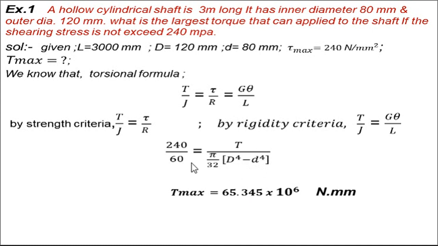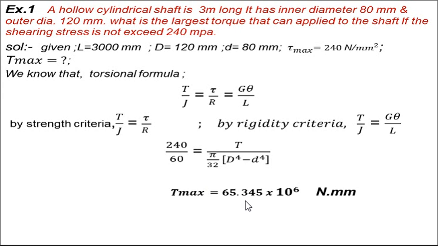By simplification of this equation, because there is only one unknown, which is capital T, since both diameters are given in the problem, let us put all these values and calculate the maximum torque. Whatever T we get after solving this is nothing but the maximum torque applied, because we have used the strength criterion equation.